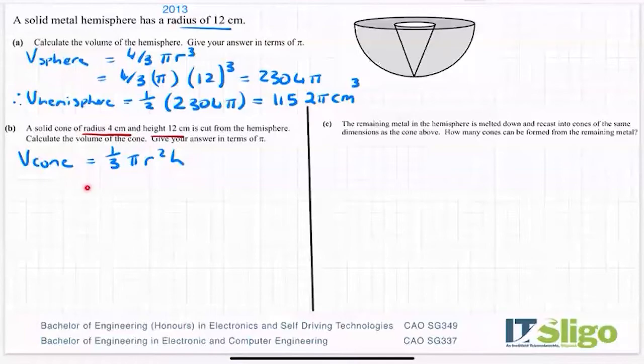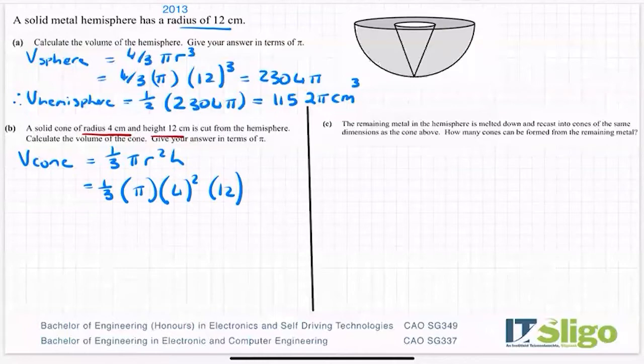So the volume of the cone is equal to a third by pi by my radius 4 squared by that height, 12. Put all of that into the calculator again. Make sure you're doing it with me so you can put things like this into the calculator. So 64 pi, and it's again volume, so it is centimeters cubed.